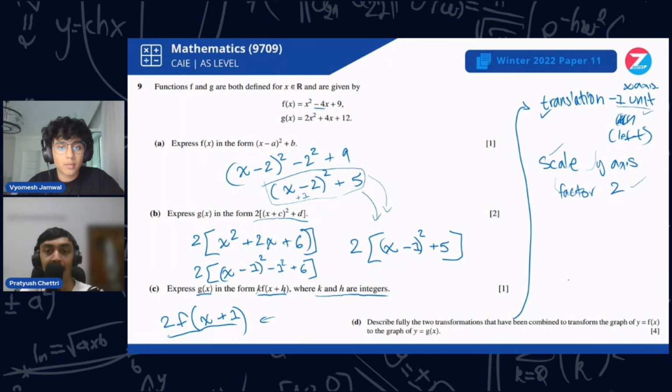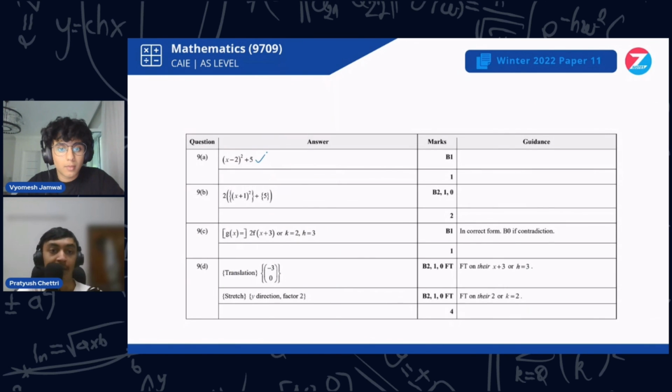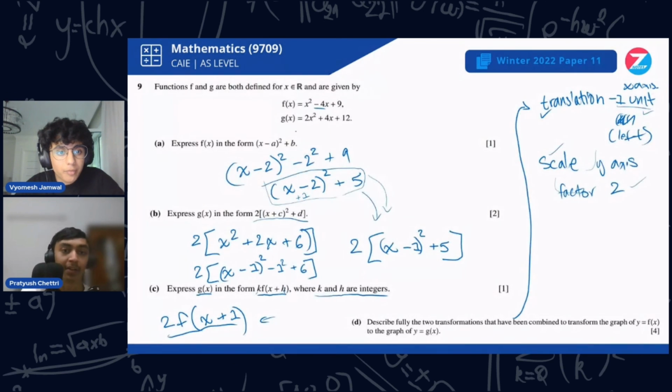Let's look at the mark scheme. Yep, these are the forms that we did. Wait a second. I think there is a slight issue with the translation. Ah, yes, I have missed the sign. As you guys see here, this is plus 4, and hence this is a plus 2 here. Why did it become minus?